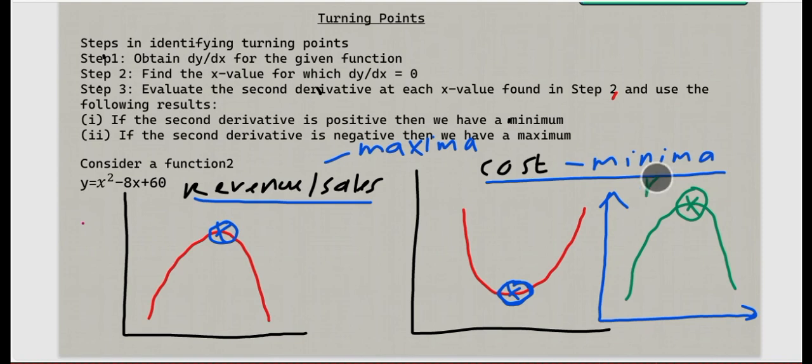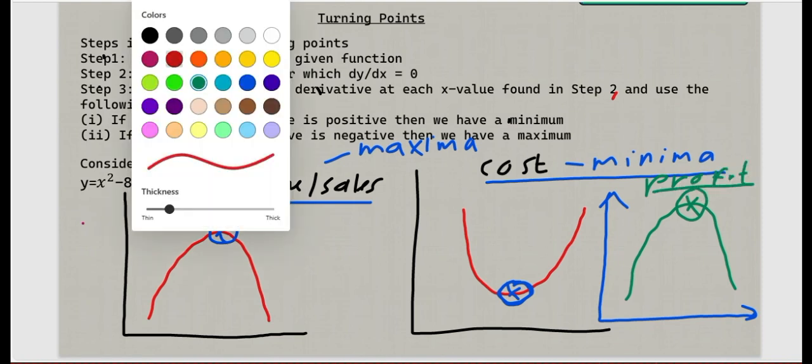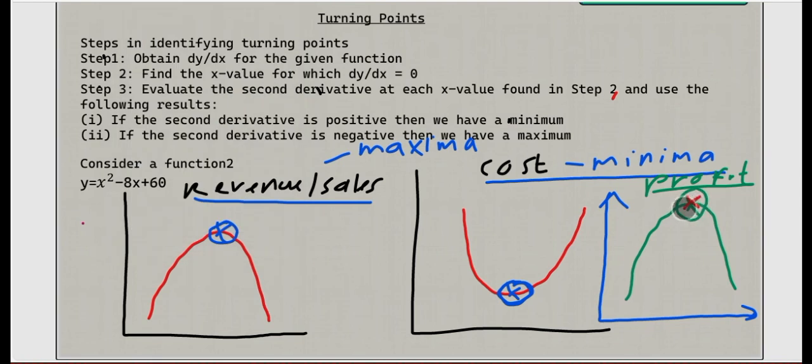So a profit function should have a maximum point. So revenue you maximize, profit you maximize, cost you minimize.